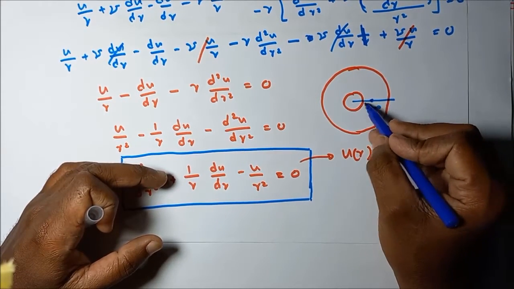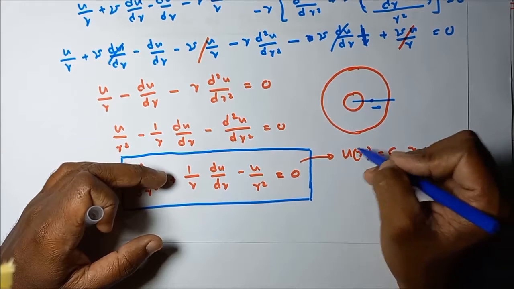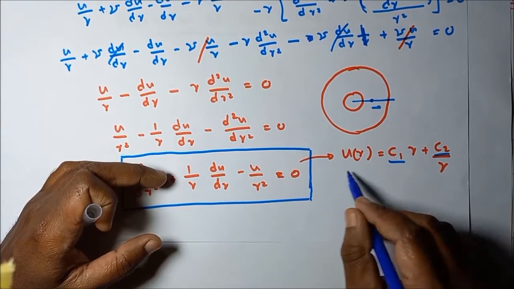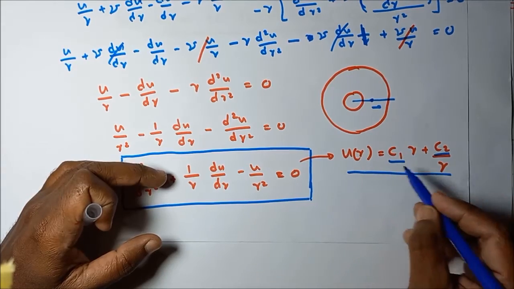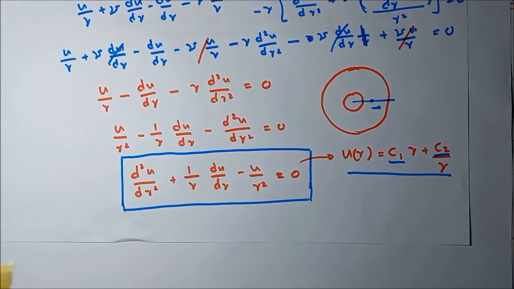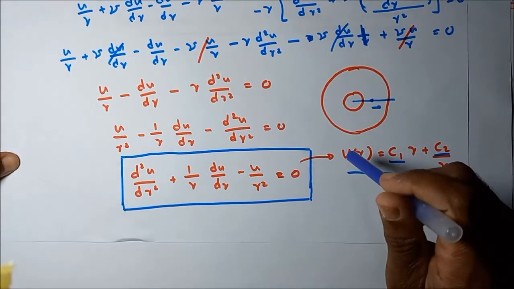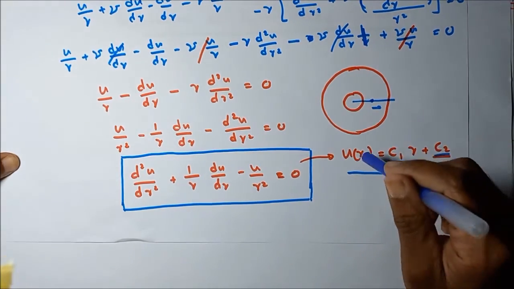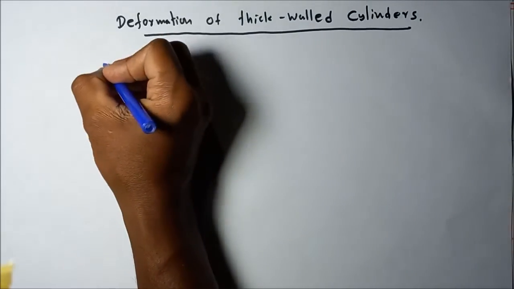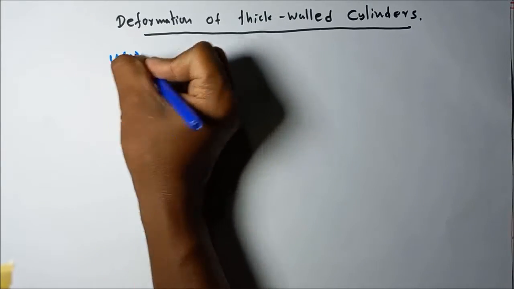By substituting the relevant r value, we can calculate the radial displacement using this equation. Then I am going to rewrite this equation by putting in the c1 and c2 constants, which we also obtained in the last class. So I am going to substitute the c1 and c2 constants in this equation to obtain the u r function. What is our u r function?